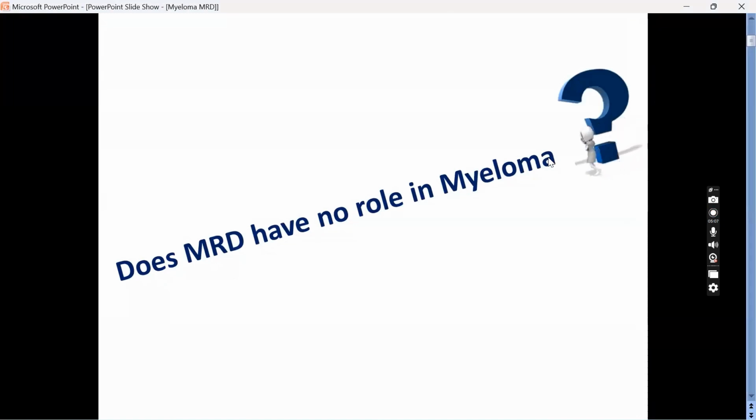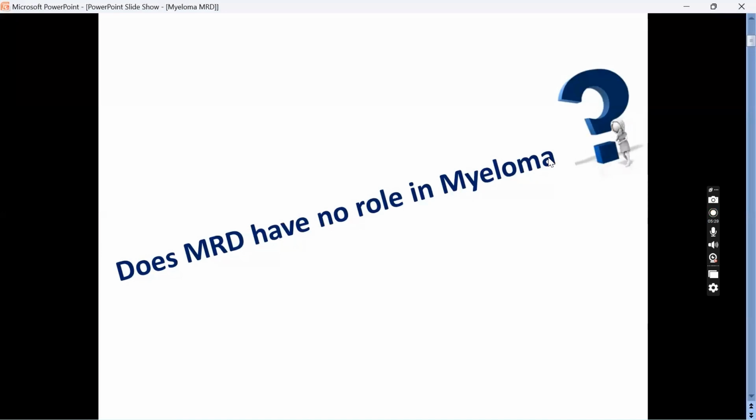What I personally feel is that from the diagnostic point of view, in an established case of myeloma where you have 30-40% plasma cells in the marrow, an M band, raised serum free light chains, and the patient has lytic lesions, elevated calcium and high creatinine.